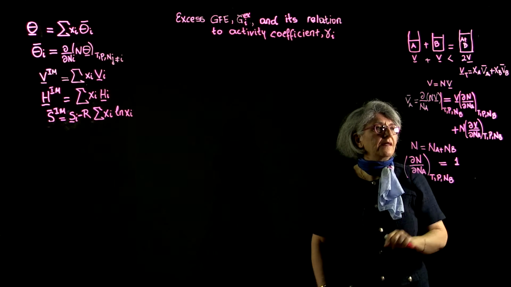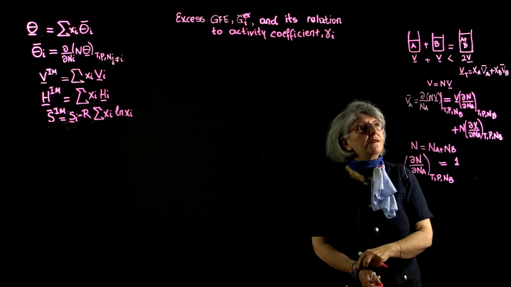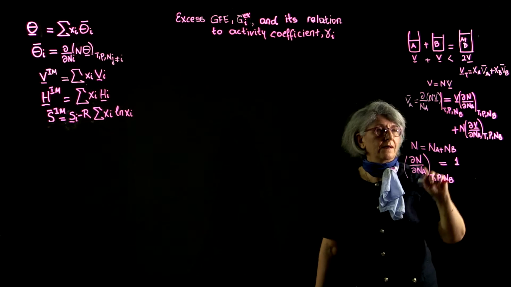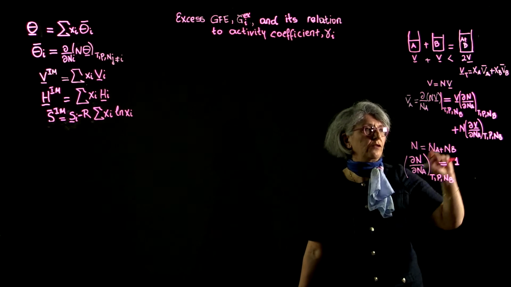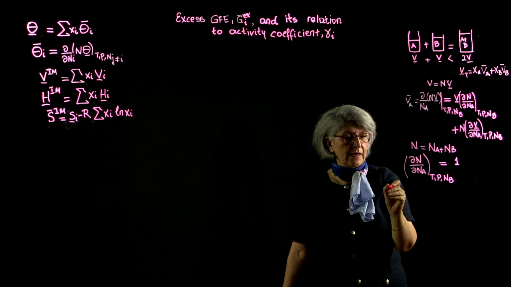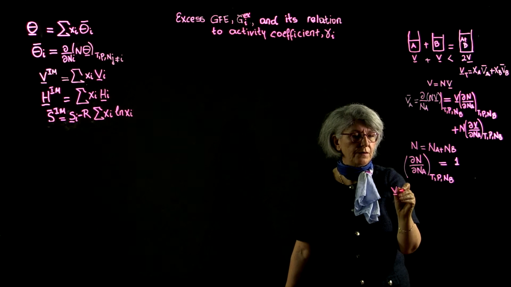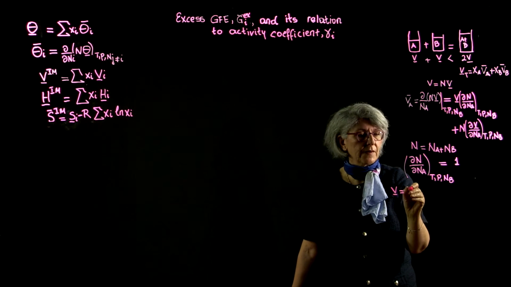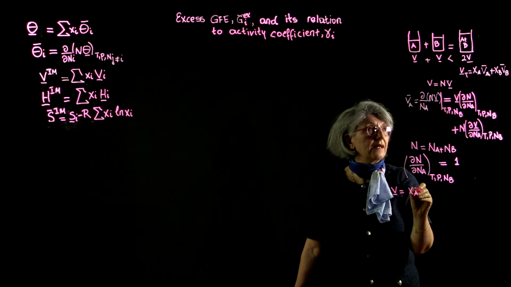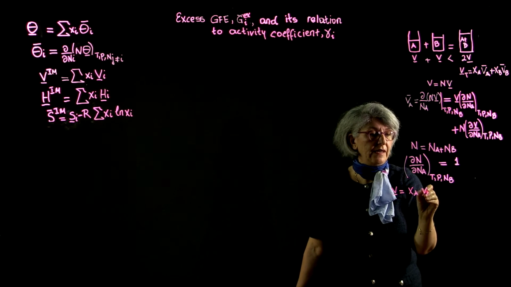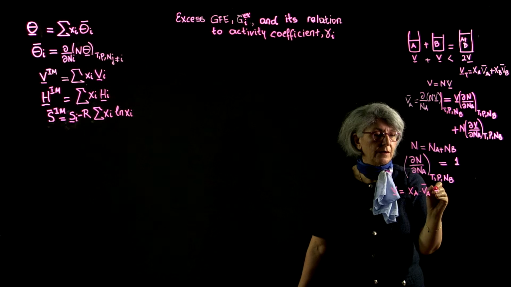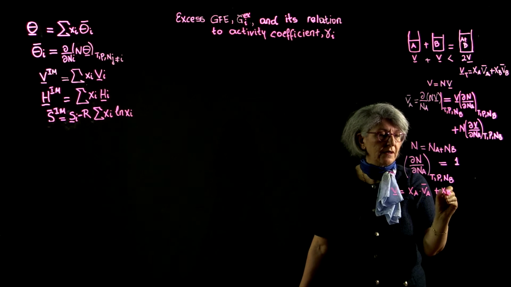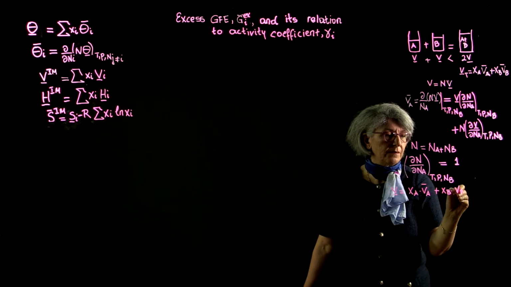Now, let's take the derivative of V with respect to NA. V is equal to XA times VA plus XB times VB.